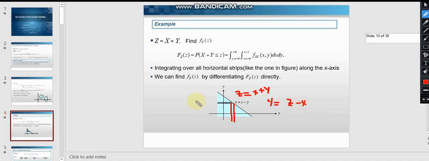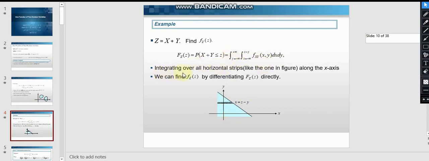So first we will integrate. We are taking the strip from minus infinity to the point x equal to z minus y. So here the limit of x is from minus infinity to z minus y. You should be careful about this limit. You are integrating along the x direction, so the limits for y would be from minus infinity to infinity.